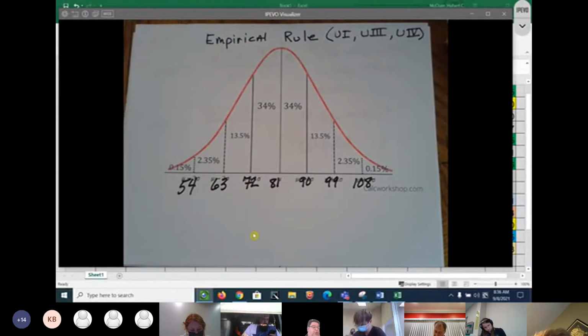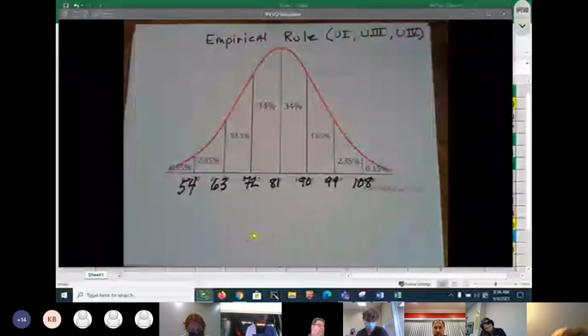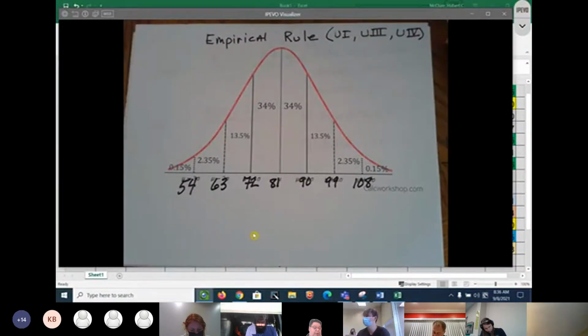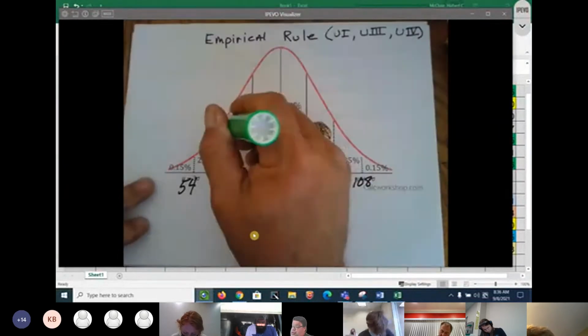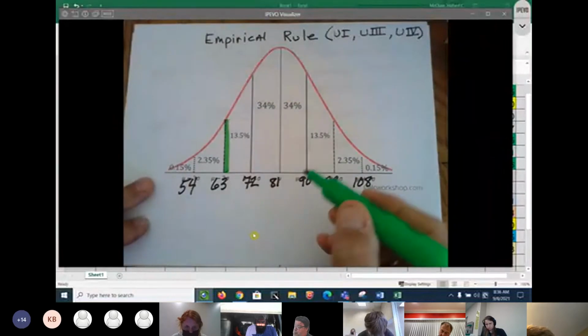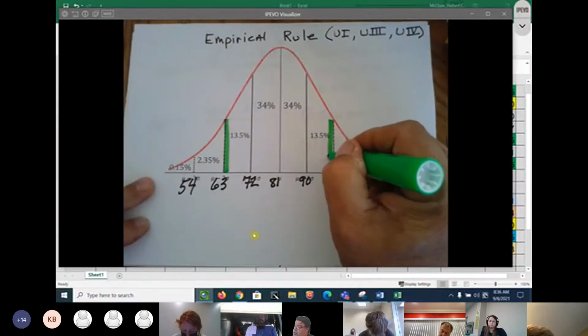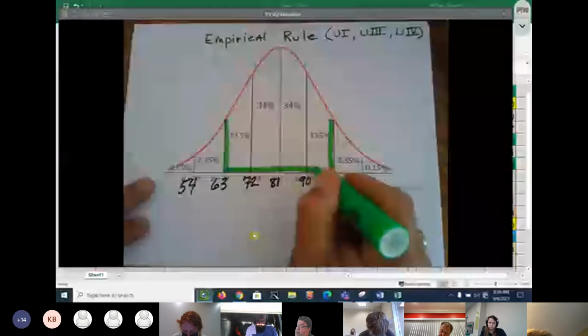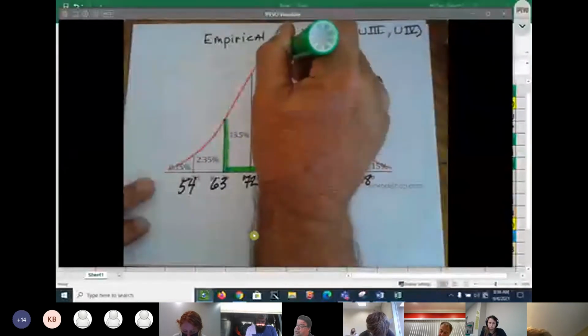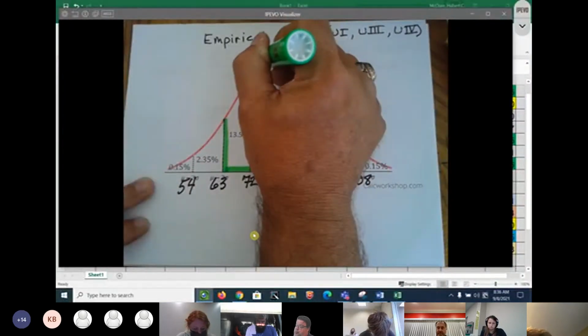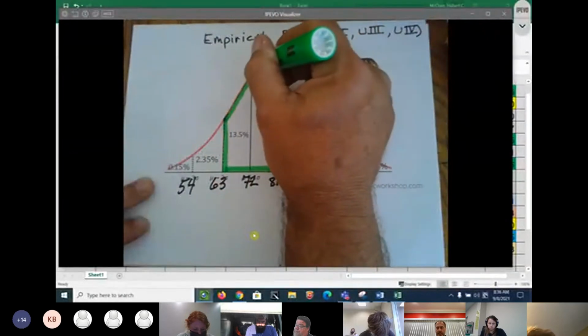Now, the empirical rule says, and I'm going to do this one time. The empirical rule says that 95% of the population falls within 2 what? Standard deviations. So if you add up these numbers, those percentages, you're going to get 95%.